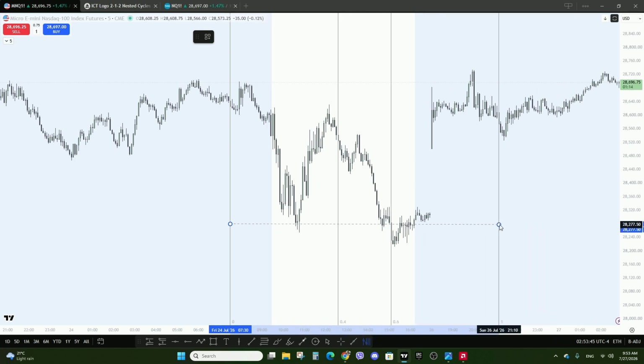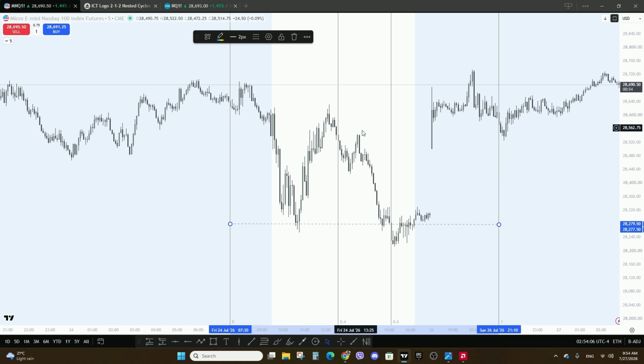It draws vertical lines so you can mark key times of day. It's exactly the opposite of what the regular FIB tool does in order to mark a range. This is used in order to mark a time period.